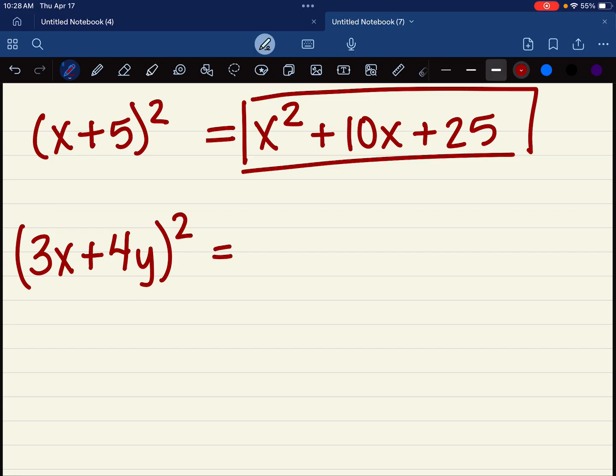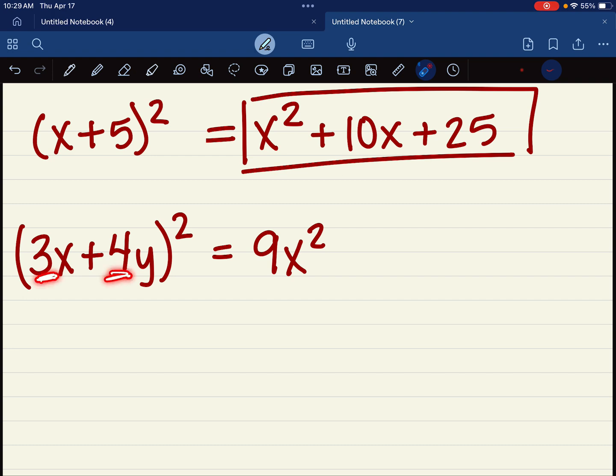We're going to do a few of these, so hopefully we're picking it up. First step, square my first term. So what is 3x times 3x? 9x squared. Then I'm going to multiply the 2 together. Really, I would just look at the number parts first.